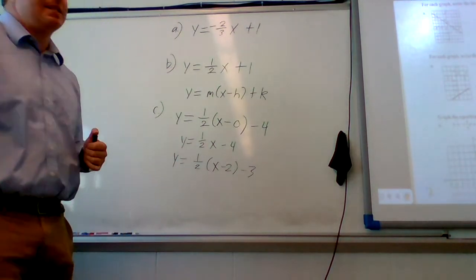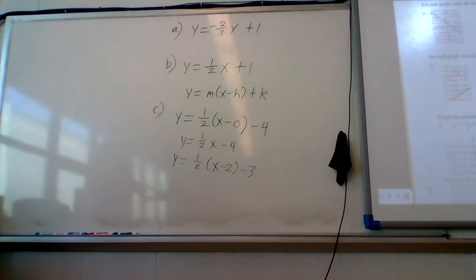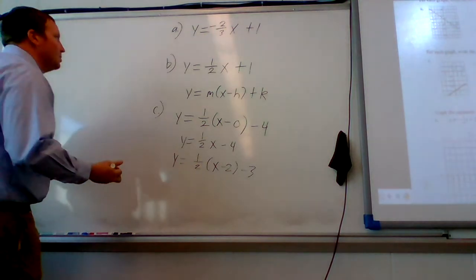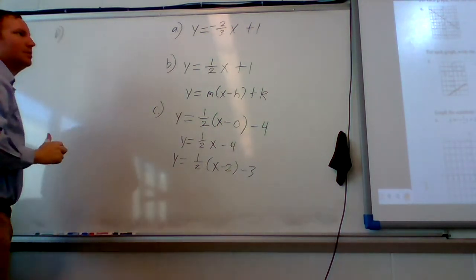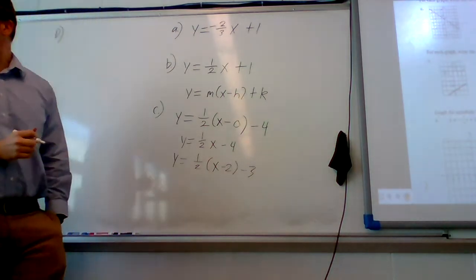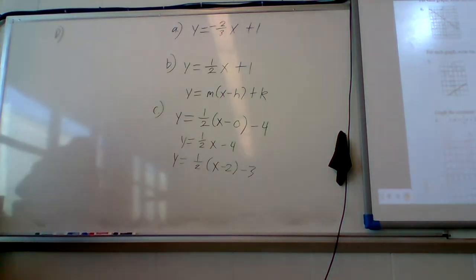So let's look at D. What is a point on the line? Let's use something other than our y-intercept this time. So that would be our y-intercept. Let's use a different value. Okay?